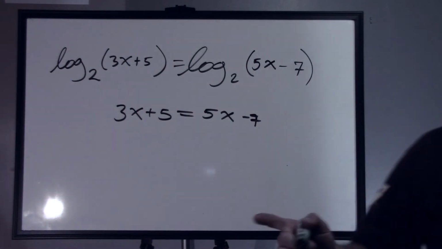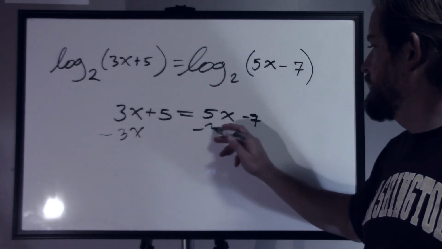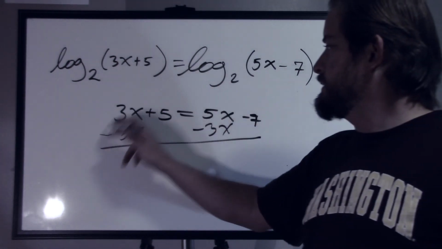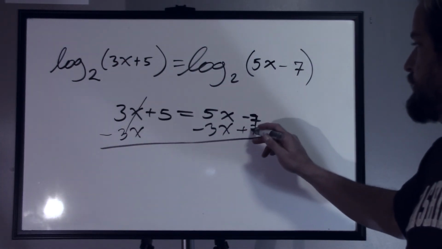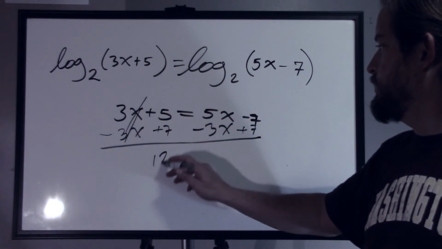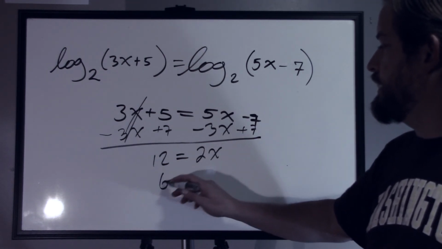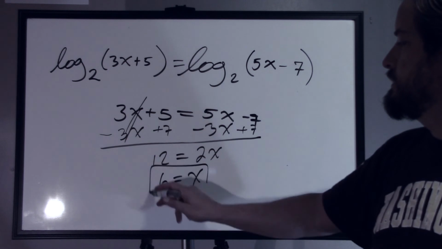And then I just solve this. I'll subtract 3x from both sides to put them to the right. Since they're going right, I'm going to add 7 to both sides. That gives me 12 equals 2x, and therefore divide each side by 2 and I get x equals 6.